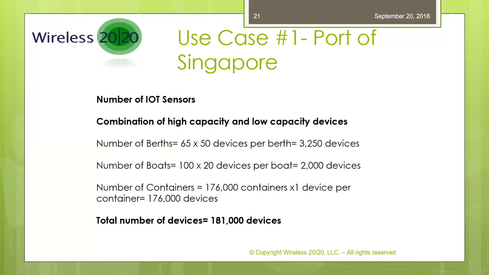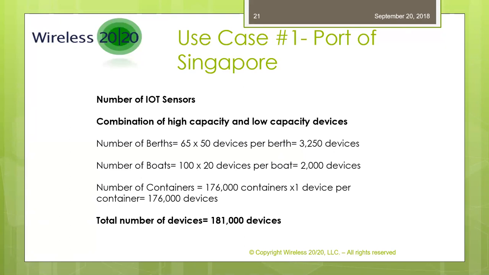As we look at this, we make an estimate of the kinds of sensors that we might include. For each berth, we would probably have a number of devices associated with it. We've estimated something like 50 devices per berth. Then there's the number of boats coming in and how many devices are included on each that we would have to deal with at any one time, and each of the containers.